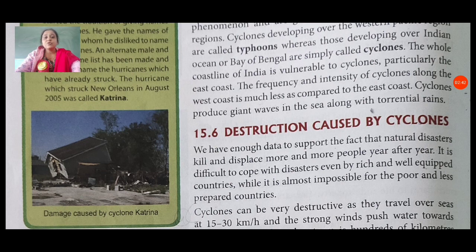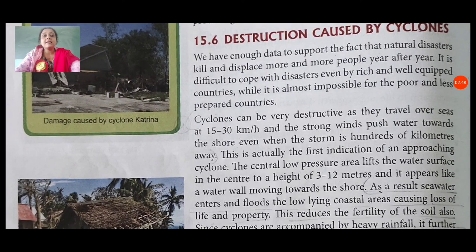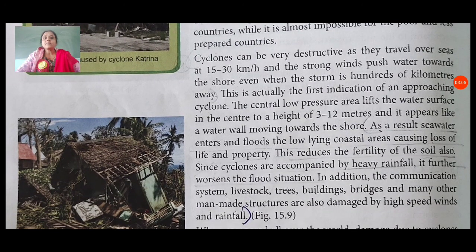Sometimes this situation is very dangerous for people. Cyclones can be very destructive as they travel overseas at 15 to 30 km per hour, and the strong winds push water towards the shore even when the storm is hundreds of kilometers away. This is actually the first indication of an approaching cyclone.